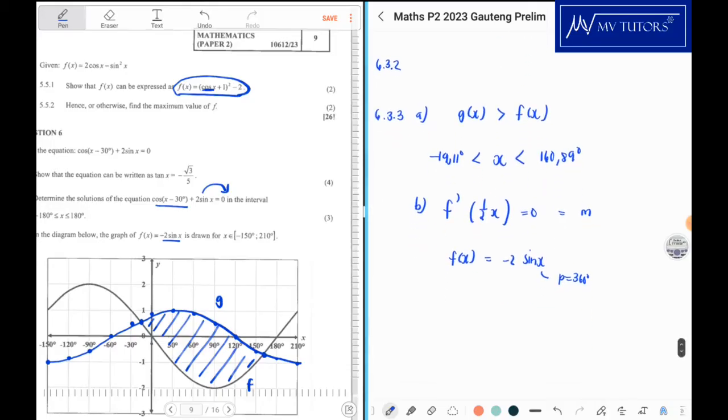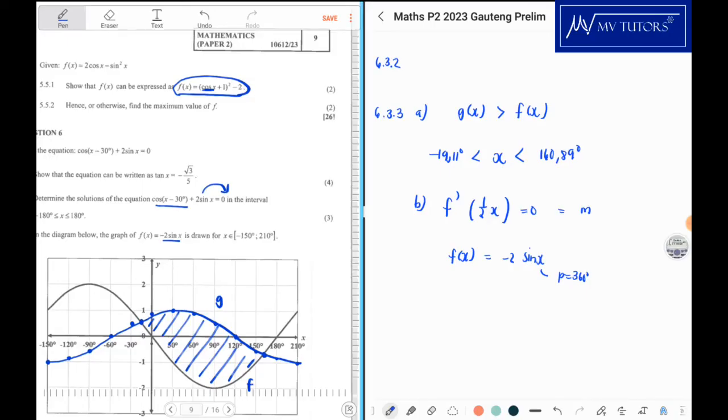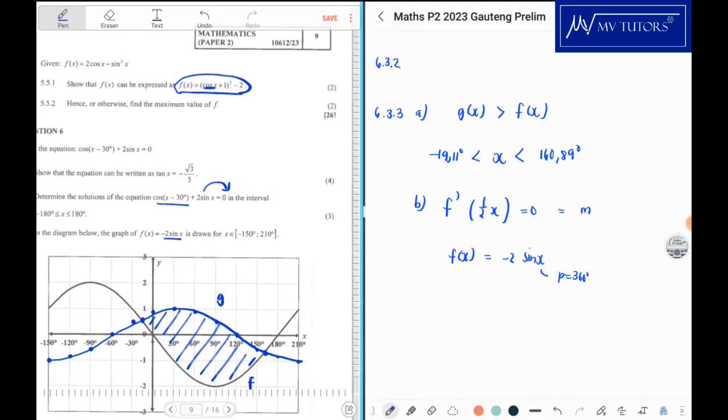And basically our turning point at the moment, so in our original graph, f of x, where we have a stationary point, it's at 90 degrees, okay? As soon as we put half in front of the x, it means that our period now is going to double, okay? So if you draw the whole graph, one wave will occur over 720 degrees. But to note, our stationary point at this graph is at 90 degrees.